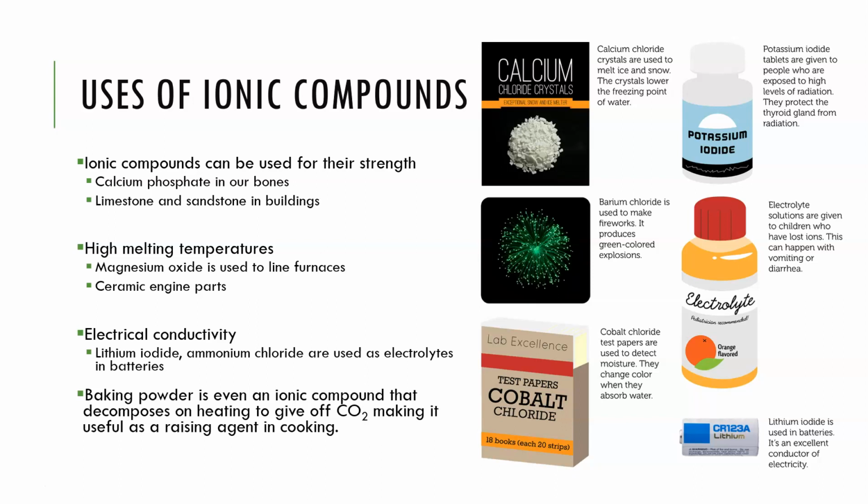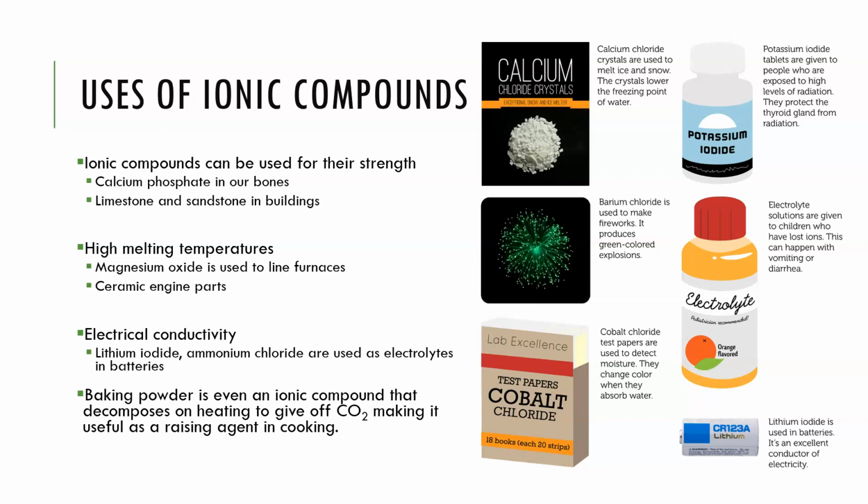The high melting temperatures that we see of ionic compounds see them being used to line furnaces or used for ceramic engine parts where high temperatures may melt things like metals and otherwise. The electrical conductivity of these in the aqueous state, not in the solid state, have seen them being used inside batteries in devices that you're probably familiar with.